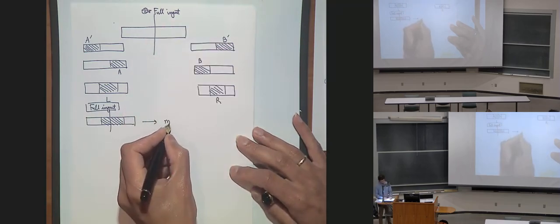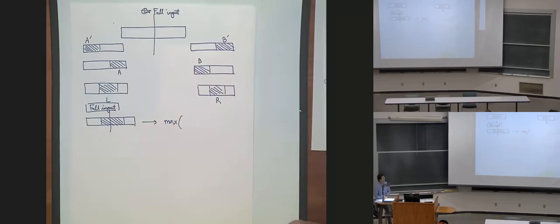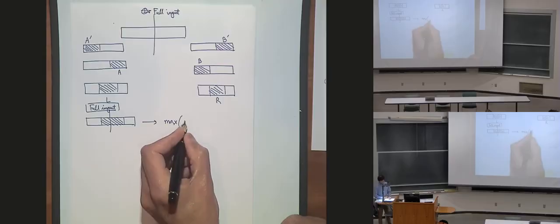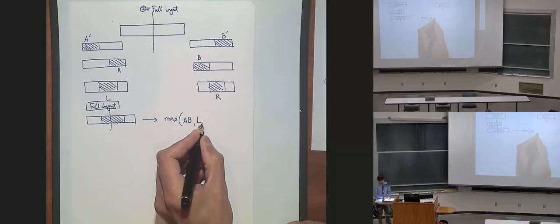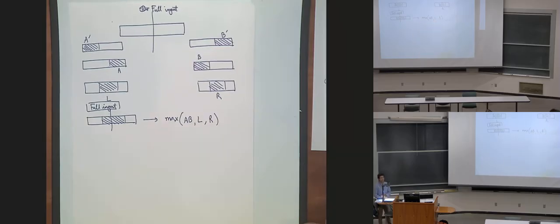What should I output here? It's the max of something. L and R. A times B, L, and R.